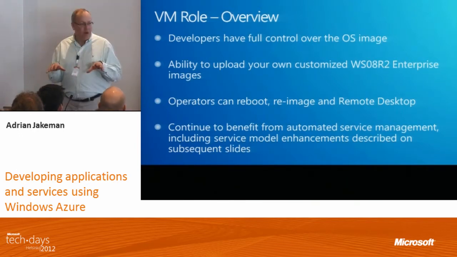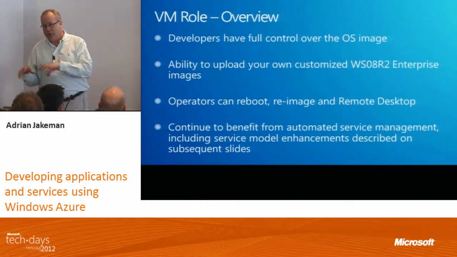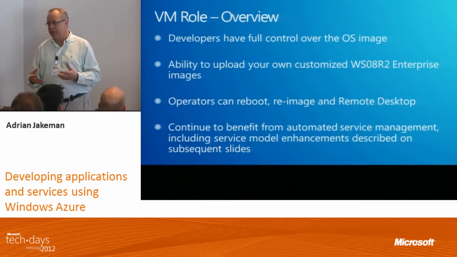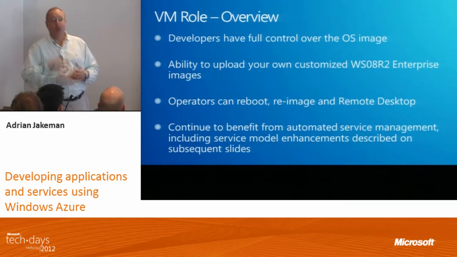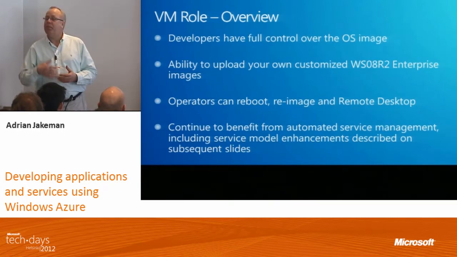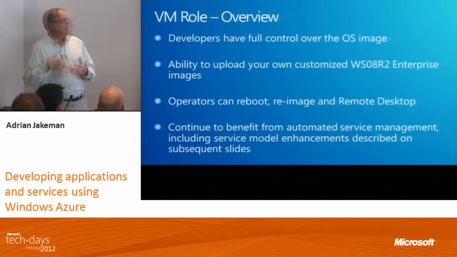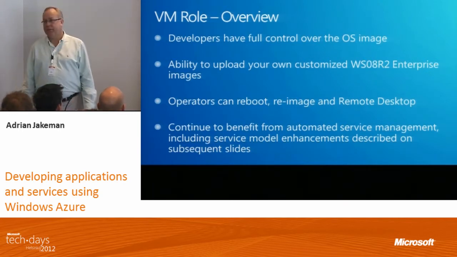And I have to calm everybody down and say, no, no, no. Everything in Windows Azure is platform as a service, not infrastructure as a service. It appears from the outside that the virtual machine role perhaps looks like Amazon EC2, but it's fundamentally different. Yes, it does allow me to upload virtual machines.